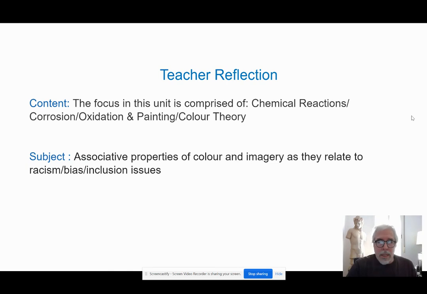And then also, like I mentioned earlier, the theme that we're looking at is the associative properties of color and imagery as they relate to racism, bias, inclusion, and issues. So this is where I've dovetailed the ABAR in with that. And the associative properties, in other words, what kind of emotions can certain colors elicit in the viewer, and then how can you use those colors for what you want to do.